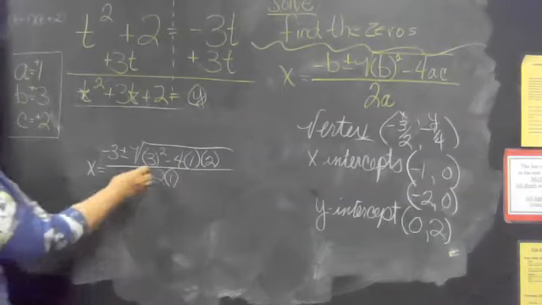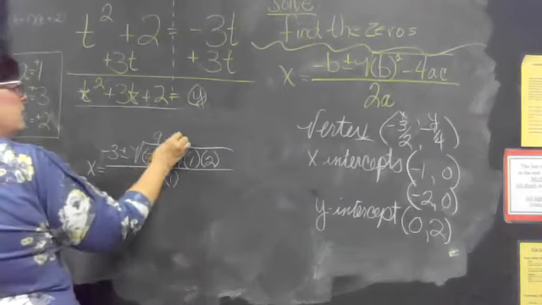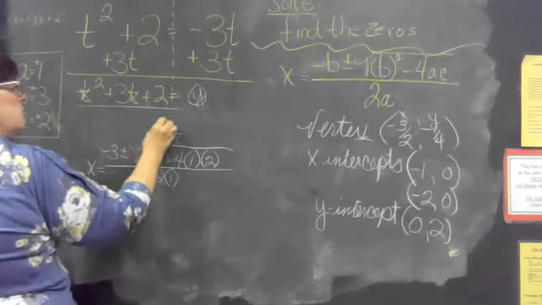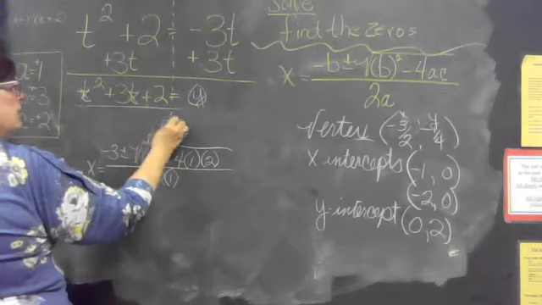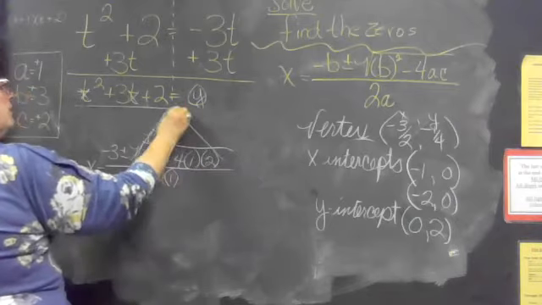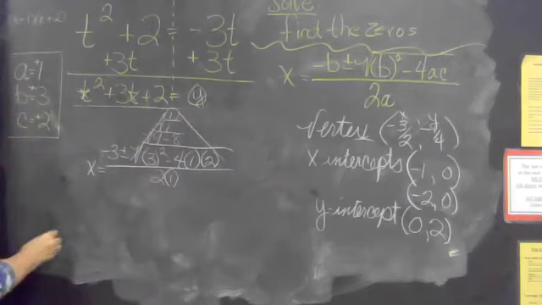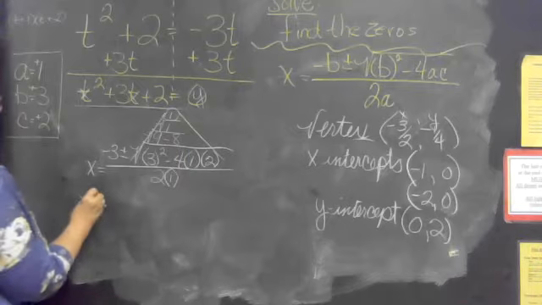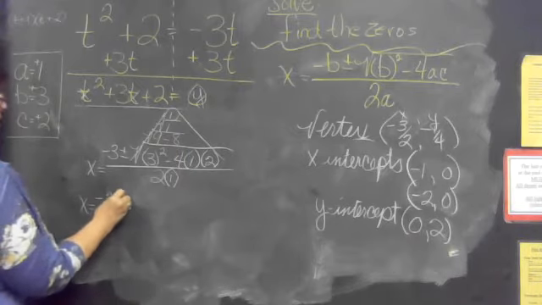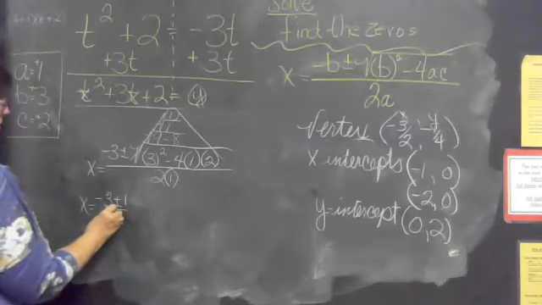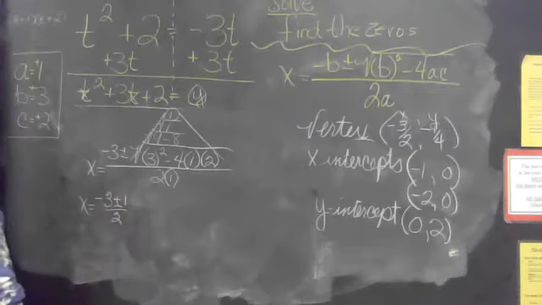Okay, so we worked to the top and we had 9 minus 8, still the square root. 9 minus 8 is 1, and the square root of that is 1. So far, so good. All of this came to 1. And so we said x equals -3 plus or minus 1 over 2, correct?